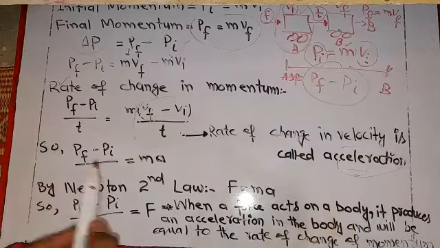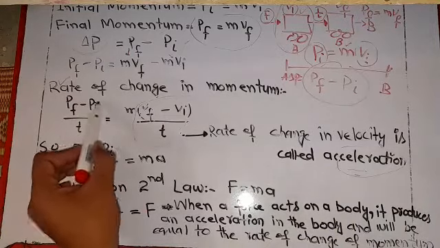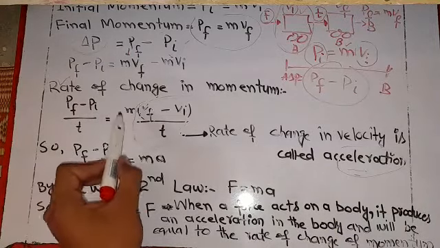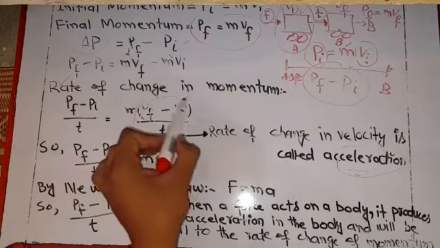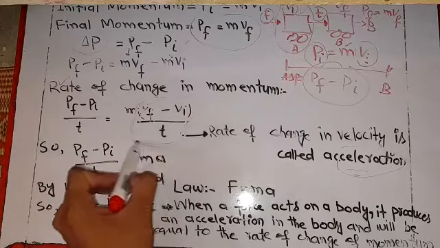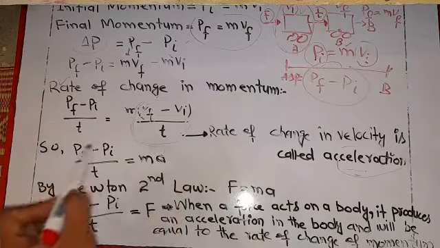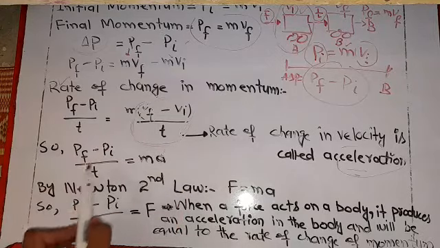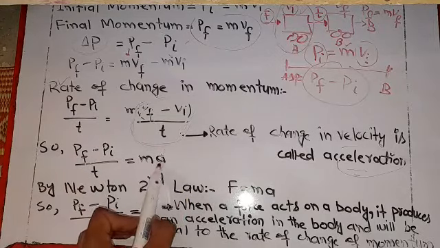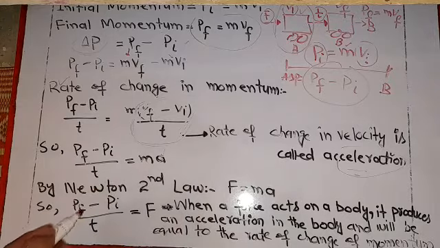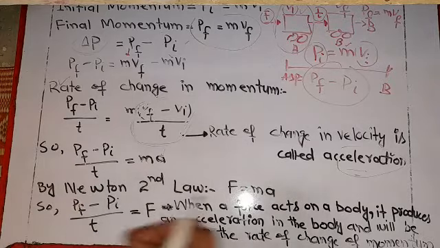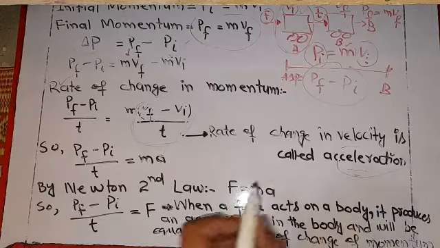So Pf minus Pi over t will be equal to m into Vf minus Vi over t, which is replaced by acceleration a. This gives Pf minus Pi over t equal to ma. Now by Newton's second law of motion, F is equal to ma.